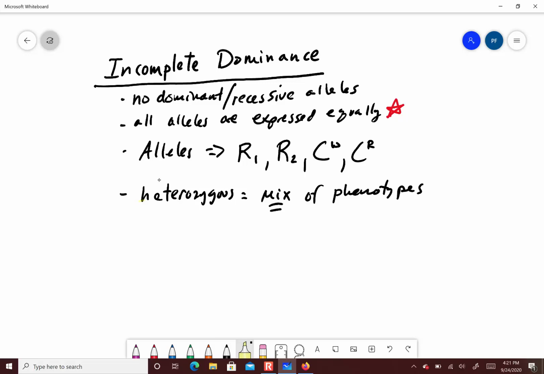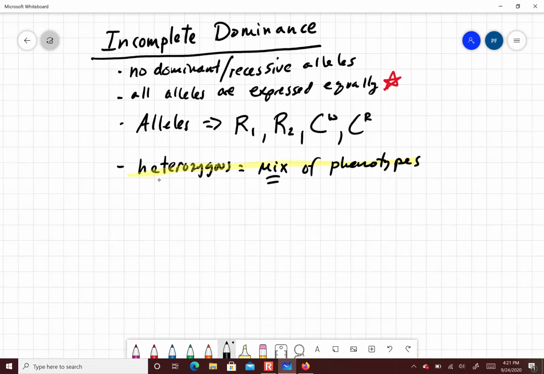That's the number one difference here, we're going from complete to incomplete. In complete dominance, we did not do any kind of mixing of phenotypes. If the dominant allele was there, it's what we saw, regardless of what the recessive allele said. Now we're going to see both. Both are present. We see a mixture of the two.